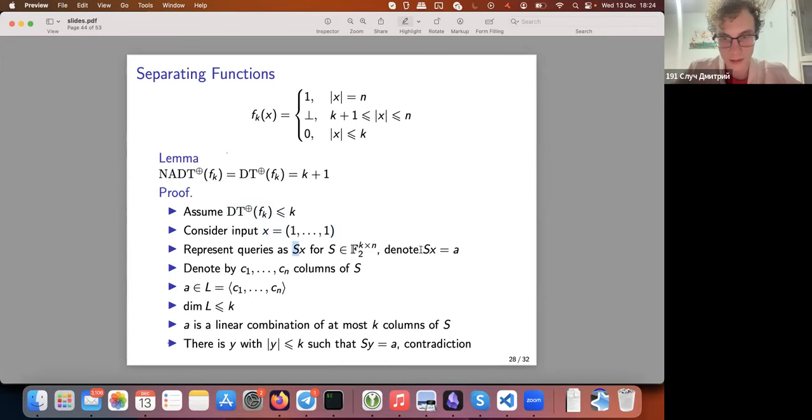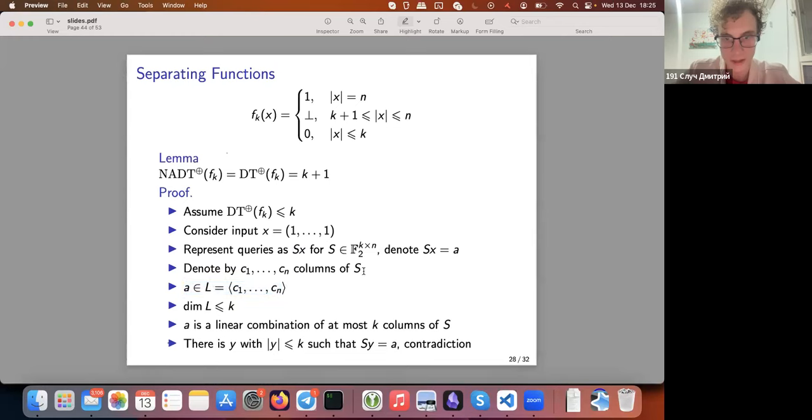We again write the queries into rows of a matrix, and the matrix has k rows and n columns. From that notation we can consider the space of columns of matrix S, and A will lie in that space.